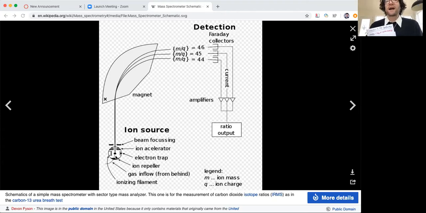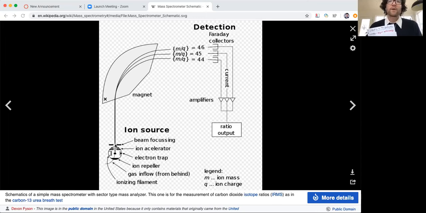Once it does ionize the material, the now ionized carbocations go through an ion accelerator that helps to speed up the ions as they fly through the gas flow, in addition to a small opening called a slit that's used to focus the beam. Because in this cartoon, it's drawn as a line.